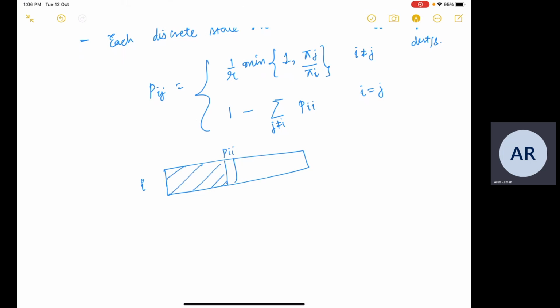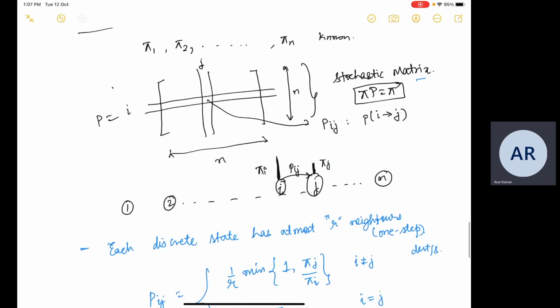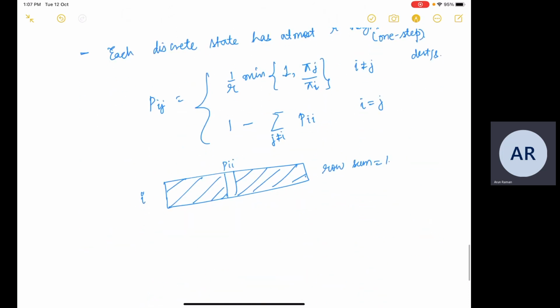Okay, so the probabilities are designed in such a way that the row sum is equal to 1. Okay, so the constraint of the stochastic matrix is satisfied.